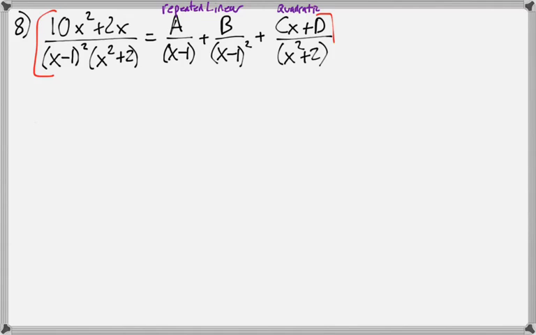and I need to multiply the entire thing by my original denominator. And start canceling things out.